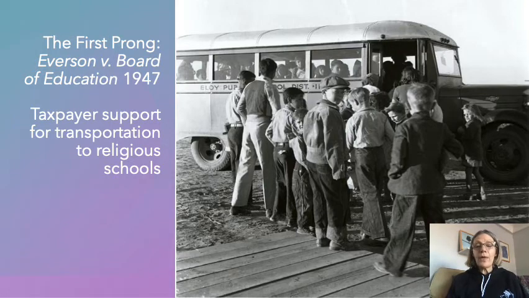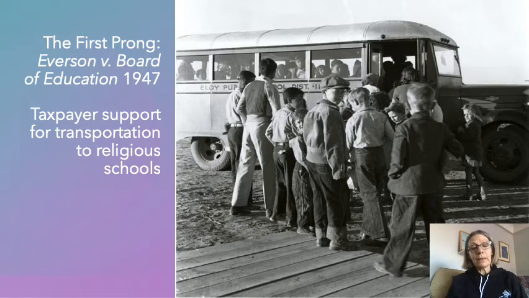And so the school board in the Ewing, New Jersey township said that there were 3 neighboring public schools that you could get a voucher for to make up the costs of transportation. And there were 4 Catholic high schools. These Catholic high schools offered regular secular instruction, but also religious instruction as well.